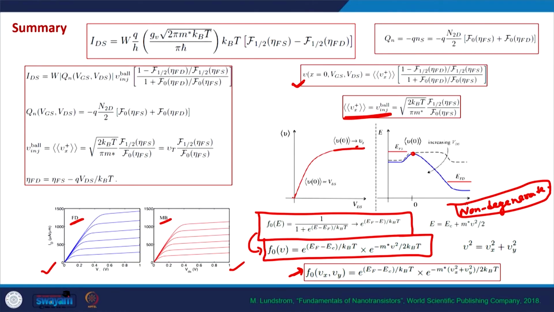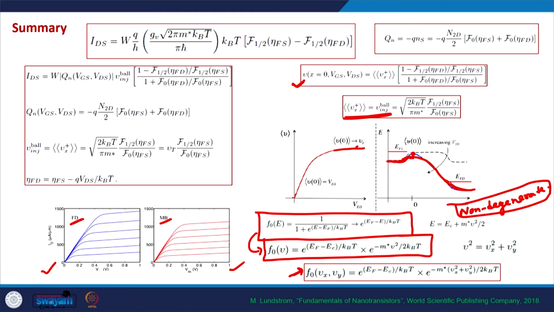And in order to compensate for that, the barrier height may be slightly reduced: because of the vanishing negative velocity electrons the charge will go down, but the charge depends on the gate charge, so in order to account for that, the barrier is lowered so that the positive velocity electrons are increased and the charge is maintained in the channel. So this is what happens in a ballistic MOSFET, and I hope this is clear to you.